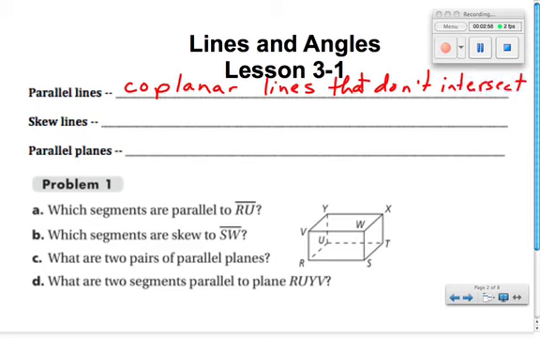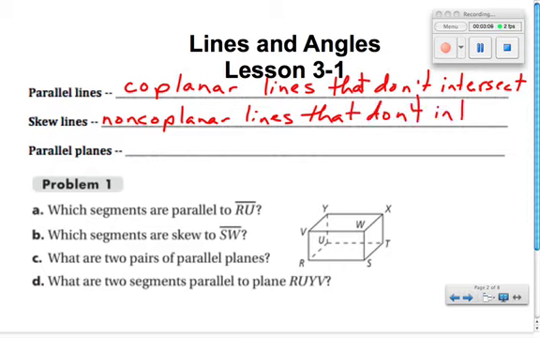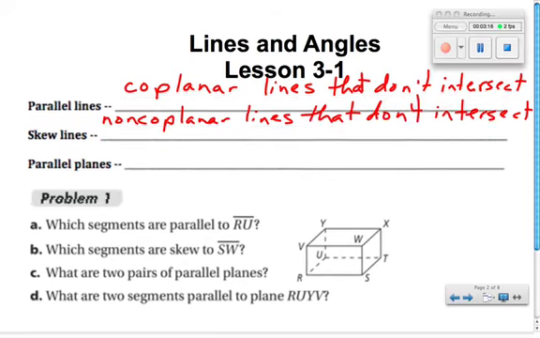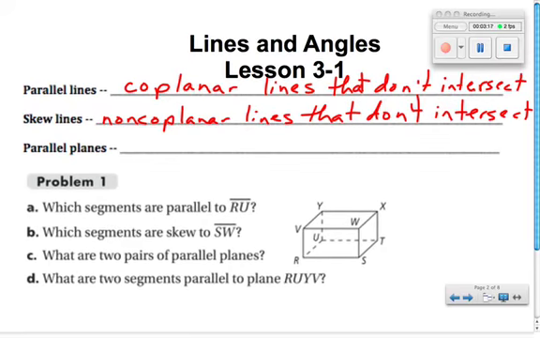Skew lines, as he said, are non-coplanar lines that don't intersect. Also, I want to add to your notes a definition for perpendicular lines.